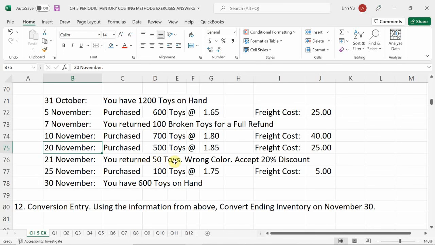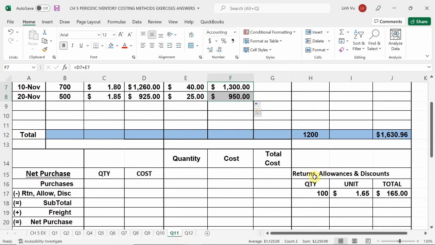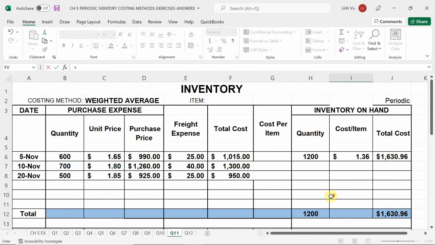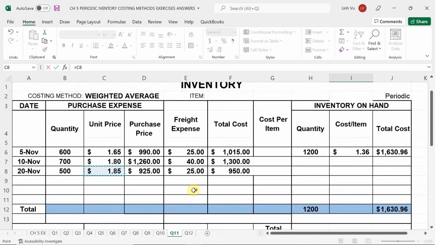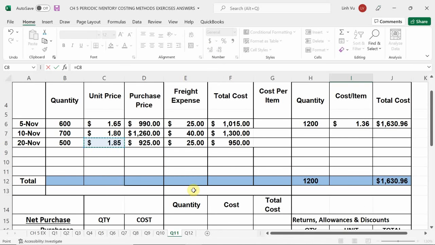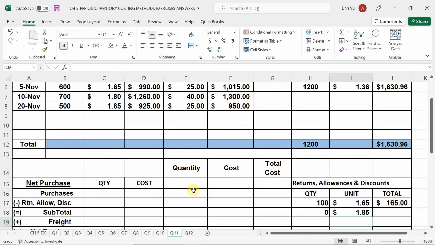So in this case, we didn't actually return the items because we end up getting a discount on them. We purchased those on the 20th for $1.85, so 50 of those at $1.85, and we're only going to be calculating 20% discount off of that.